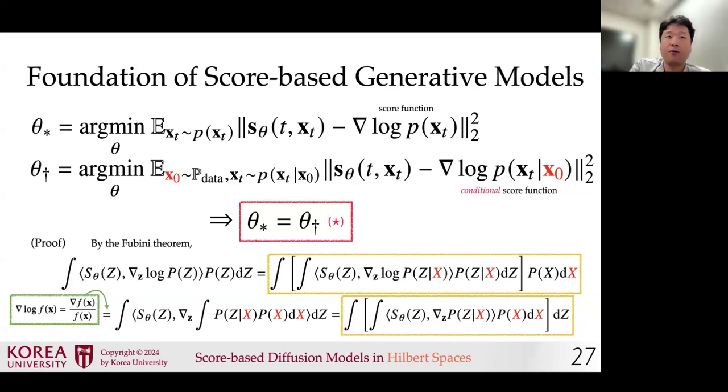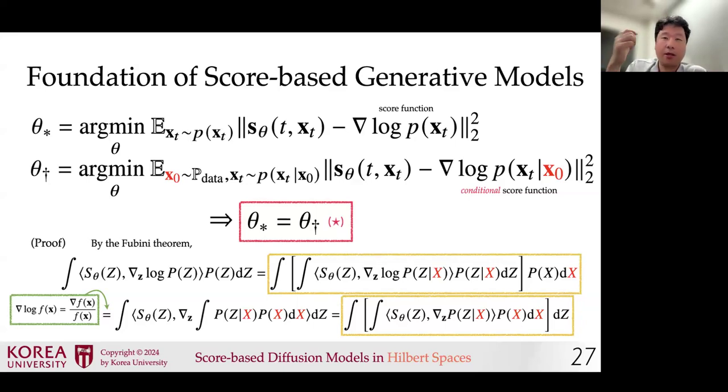I'd like to remark that such an interchange between the integration and inner product is also valid in the sense of the Bochner integral, if we consider the integration in the Hilbert space, because the inner product is a linear operator, and the Bochner integral can also interchange the order between the linear operator and the integration. So this proof is also valid in the Hilbert space theory, if we replace this score function appropriately.